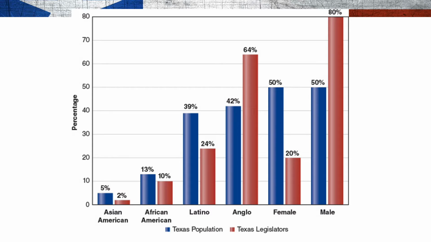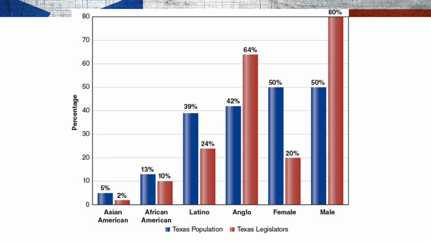You'll see with this bar graph, the blue lines show the Texas population. The red lines show what the legislature looks like. So you'll see, for example, the Texas legislature is 64% Anglo, but of Texas itself, only 42% of Texans are Anglo.